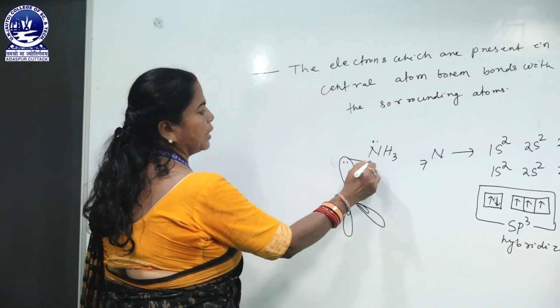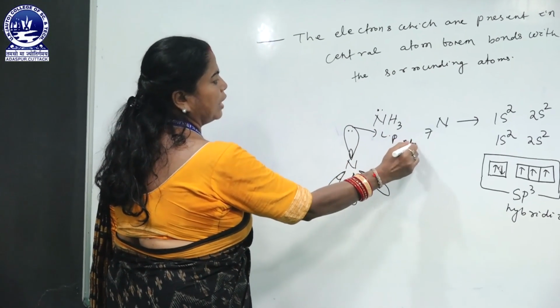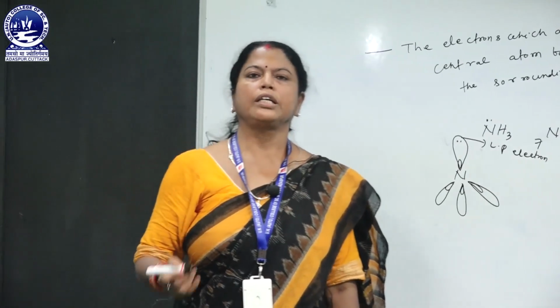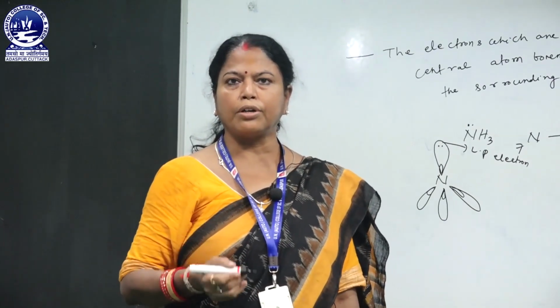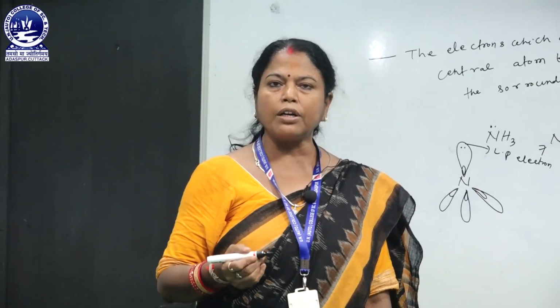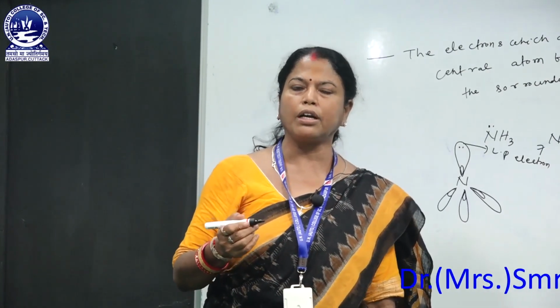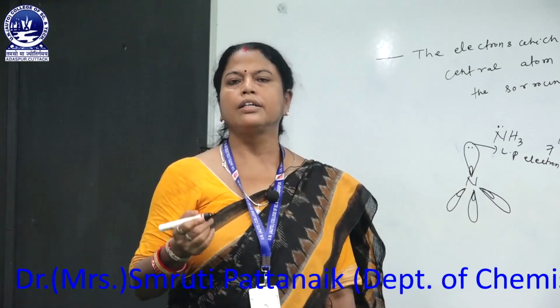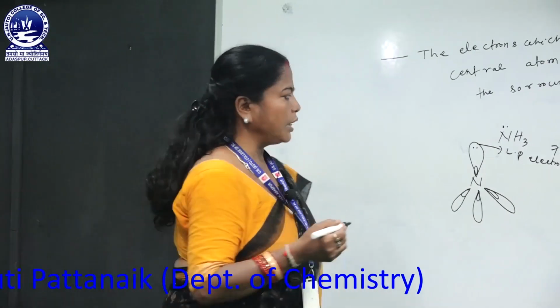This is the lone pair of electrons. The pair of electrons which do not involve in the formation of a chemical bond is called a lone pair, and the pair of electrons which involve in the formation of a chemical bond is called a bond pair. So let us see that.